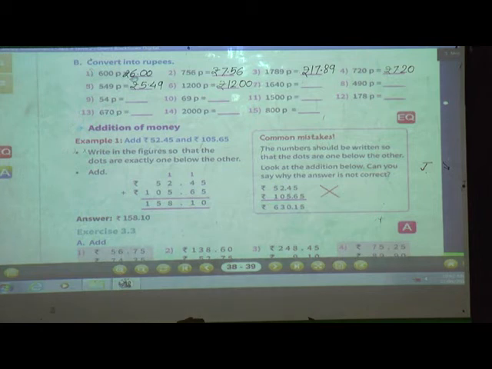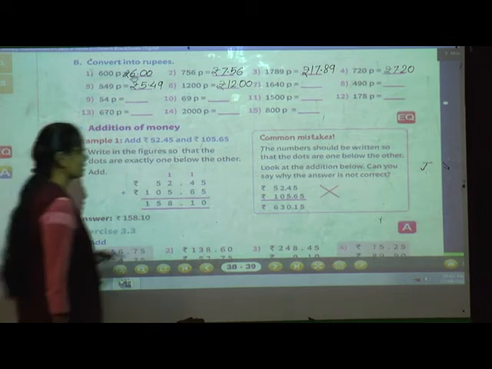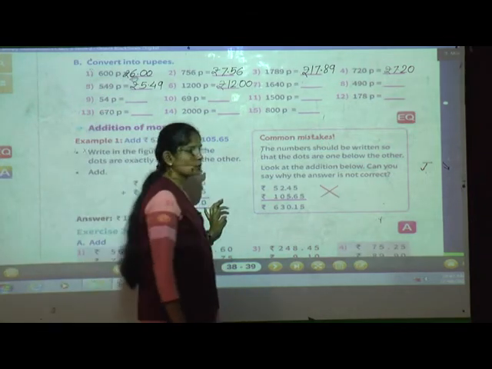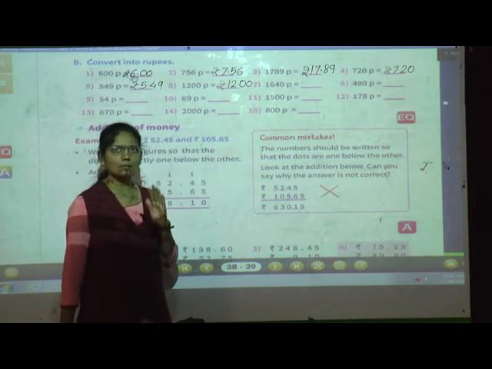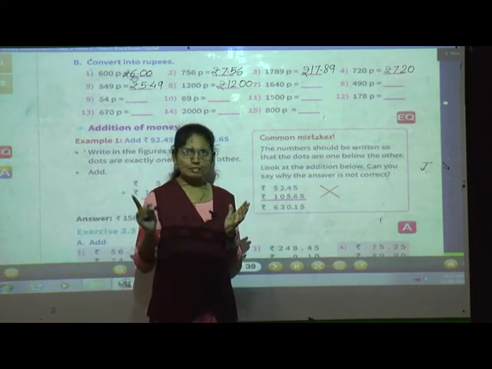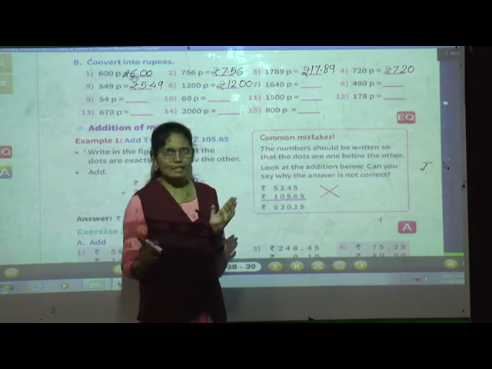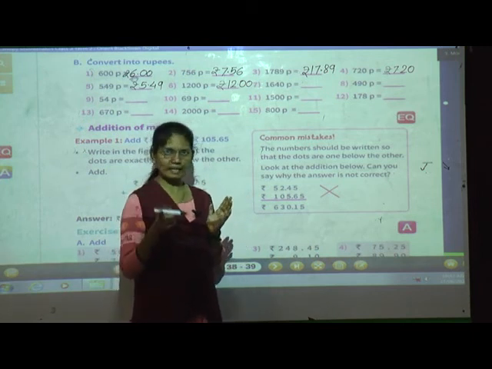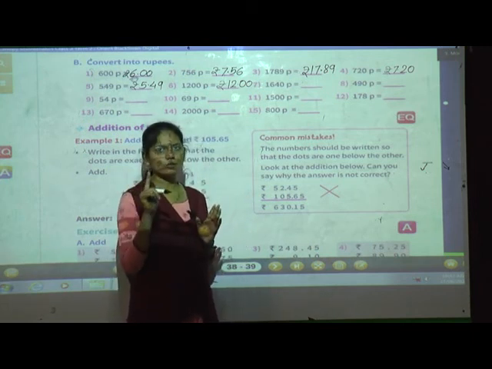Next, seventh number. Read the number: 1640 paise. Now what will we do? We have to convert this paise into rupees. So from the right side, before the second digit we have to put a dot.